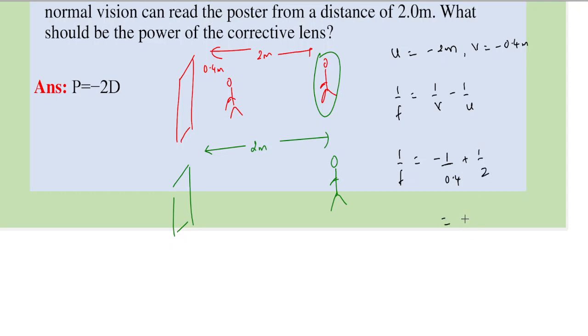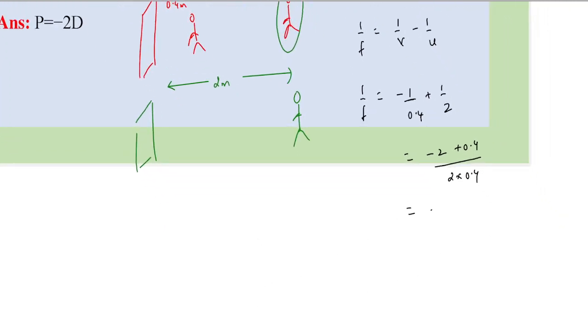It will be (minus 2 plus 0.4) by (2 into 0.4), is equal to minus 1.6 by (2 into 0.4). So it will be 0.4 ones are 0.4, 4s are 1.6, that will be minus 2 because there is 2 here. So 2 ones are 2, 2 twos are 4, it's minus 2.